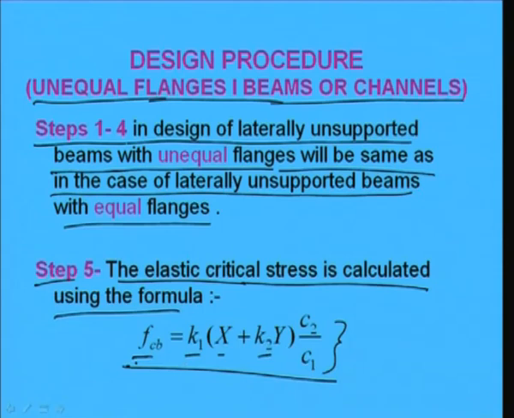Now, the coefficients k1, k2, x, y can all be found from the tabular form given in the code IS 800:1984 in table 6.3, 4, 5. Otherwise, we can find them from the expressions which were shown in the earlier lecture and also given in the code at the corresponding clauses. So, from there also directly we can find out.